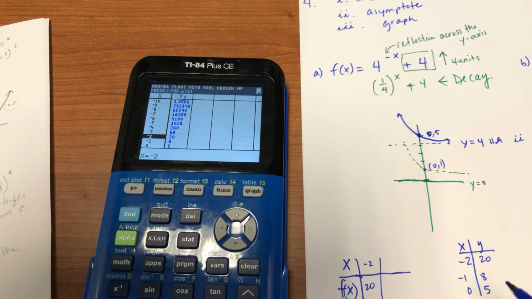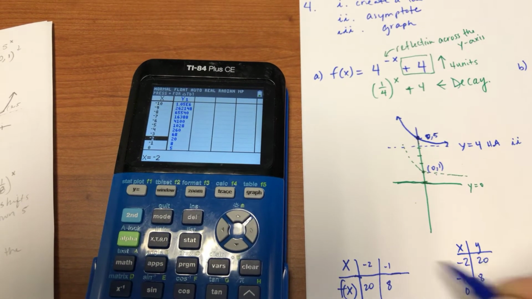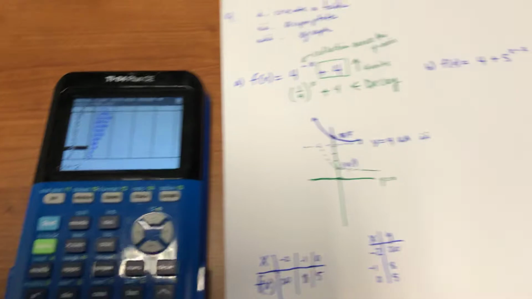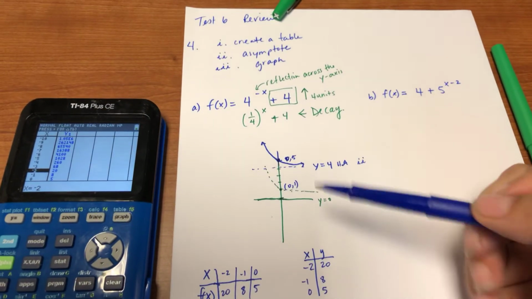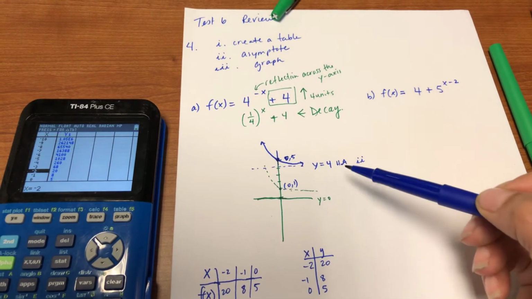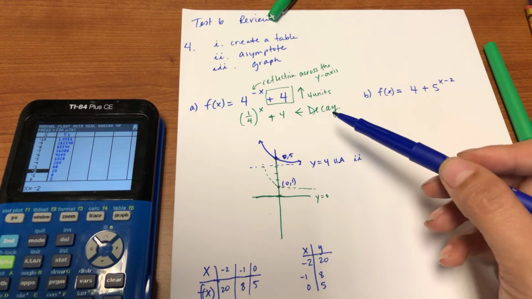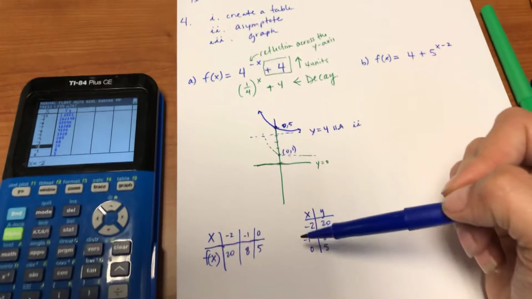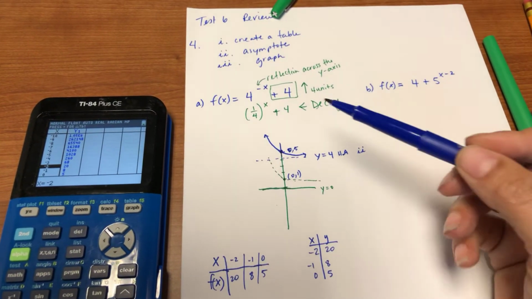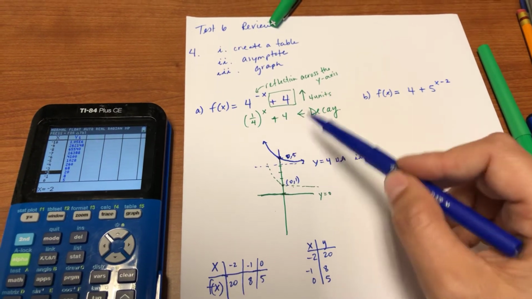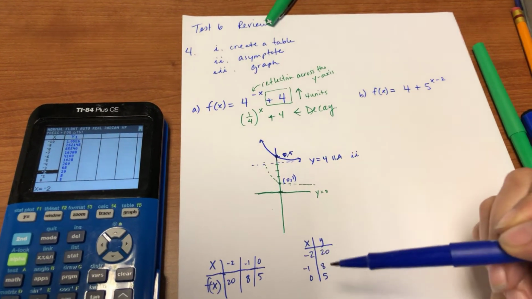You get the idea. So not only did we do a rough sketch with my asymptote being acknowledged, we also built our table utilizing our calculator, or you could always do it manually where you put in a value, do your calculations, and get an output. Let's look at B.